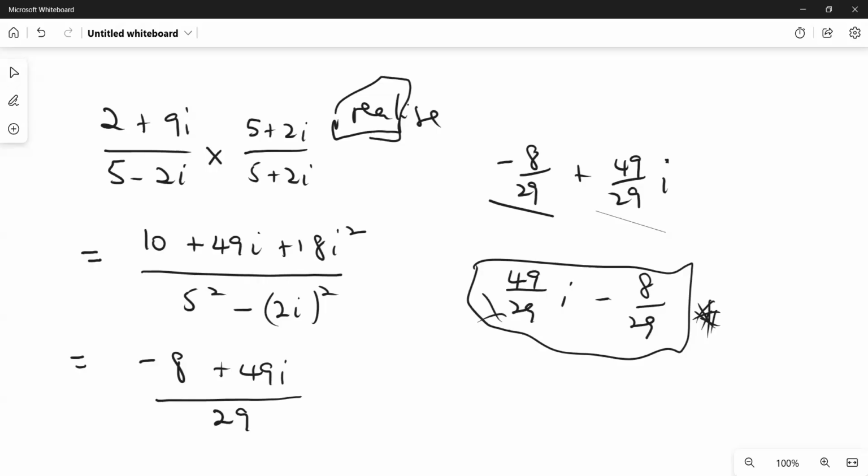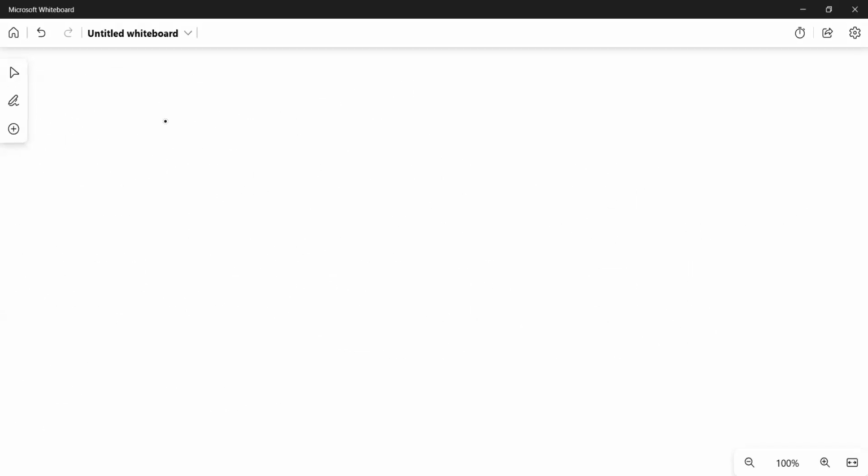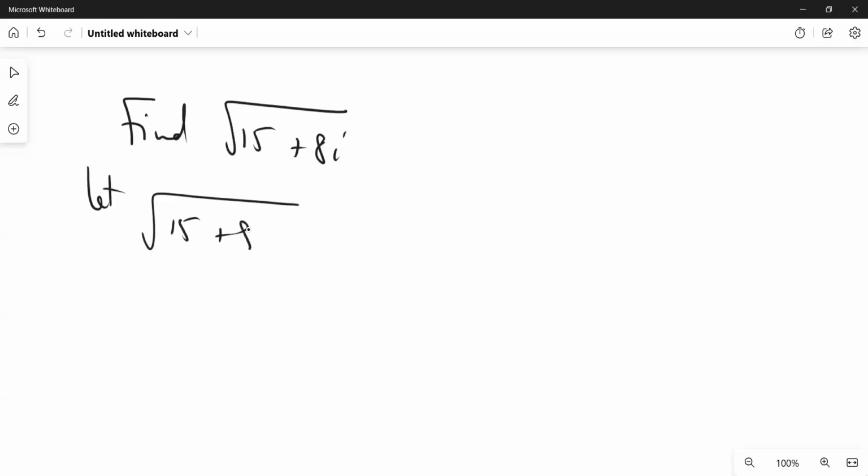Yeah. All right. Let me just do this one. Let's say you want to find the square root of 15 plus 8i, right? So you're finding the square root of a complex number. What we'll do, we'll say, let the square root of 15 plus 8i equal a plus bi.